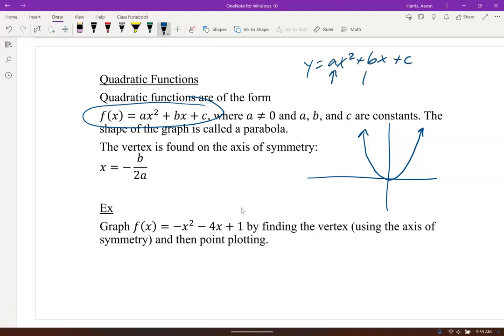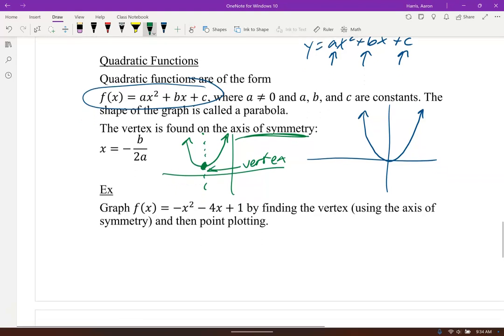You've got numbers here for a, b, and c. The middle of the parabola is what's called the axis of symmetry. And right there at the bottom of the U-shape is my vertex. So the dotted line is the middle of it. That's called the axis of symmetry. And the vertex lies on the axis of symmetry.